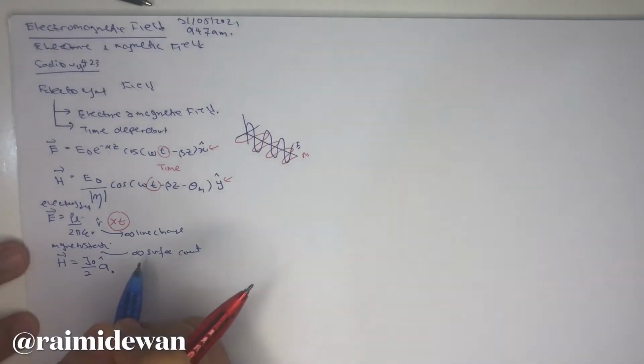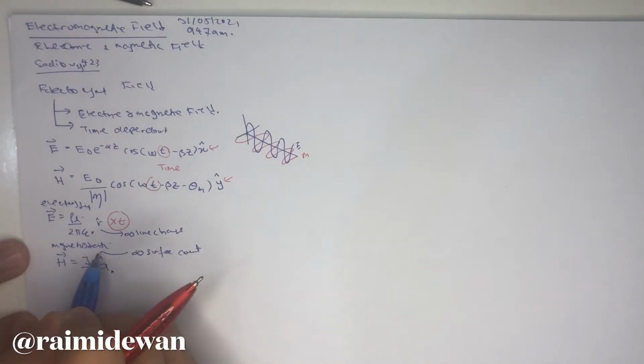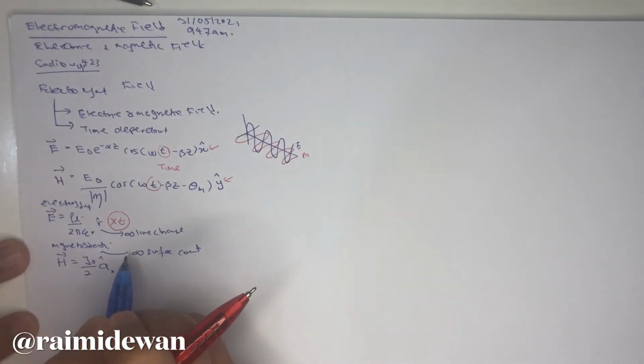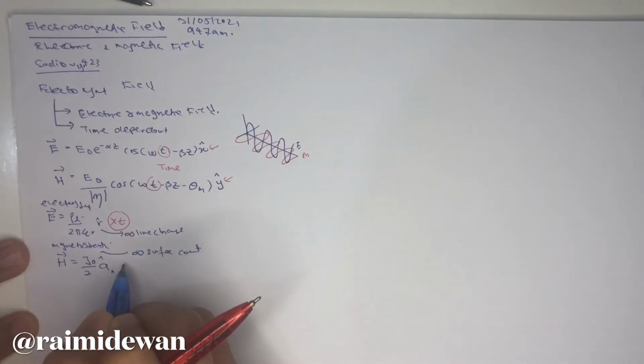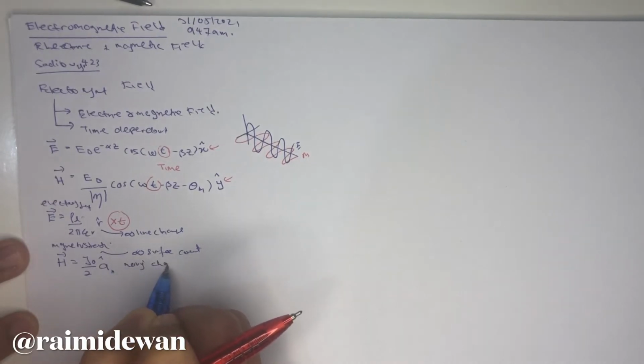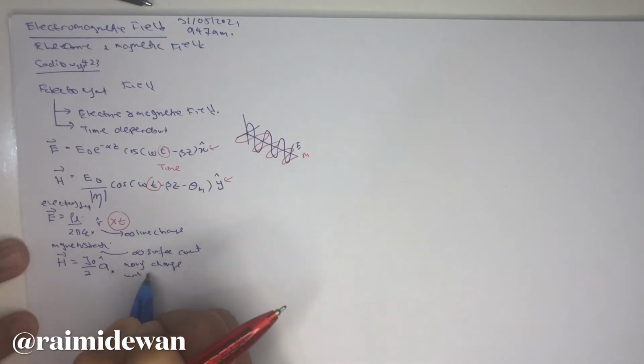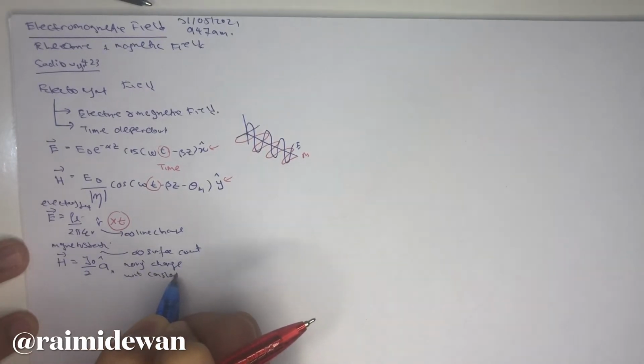In this magnetostatic, it is moving charges with constant speed, meaning there is no acceleration. It's just moving charges with constant speed.